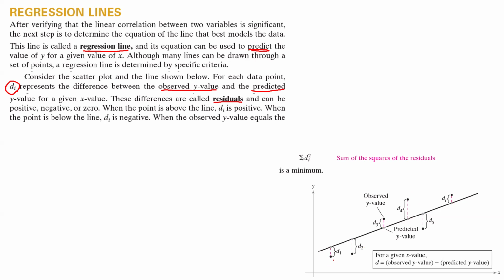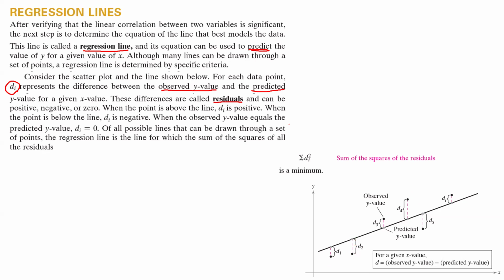Like this case, the observed value is smaller than the predicted value, so their difference is negative. When the point is below the line, d sub i is negative. When the observed value is equal to the predicted value, the residual is equal to 0.